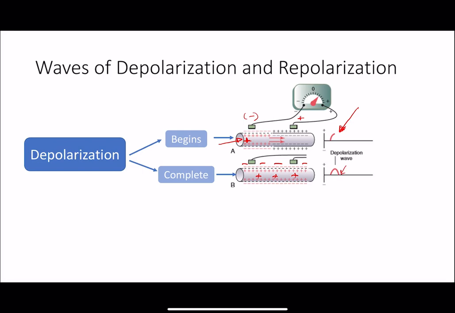You go back to the isoelectric line because there is no difference between the reference and the exploring electrode. There's a lot going on electrically within the heart, but remember our recording that we see on the EKG is only letting us know what's the difference between these two electrodes.